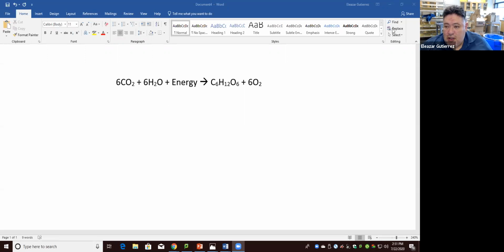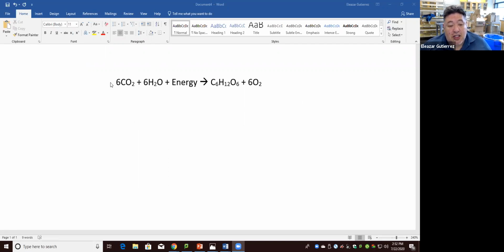So what does this entail? Well, what's going on is we are investigating what photosynthesis does. And this chemical equation right here is a synopsis of what photosynthesis does.